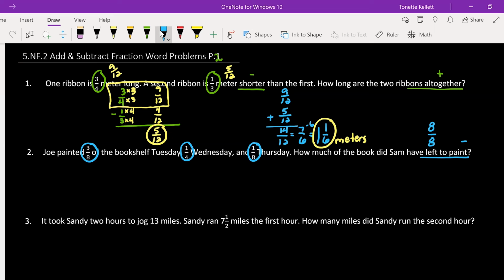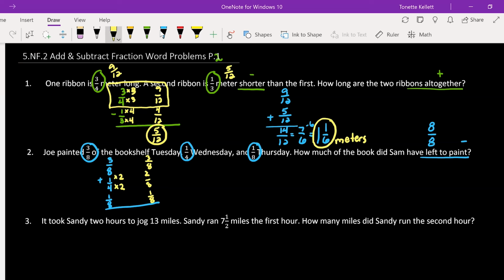All right, so let's do 3/8 plus 1/4 and 1/8. I'm going to keep the 8 because 4 can go into 8. So I'm going to keep the 1/8 and the 3/8. 4 times 2 is 8. So 1 times 2 is 2.